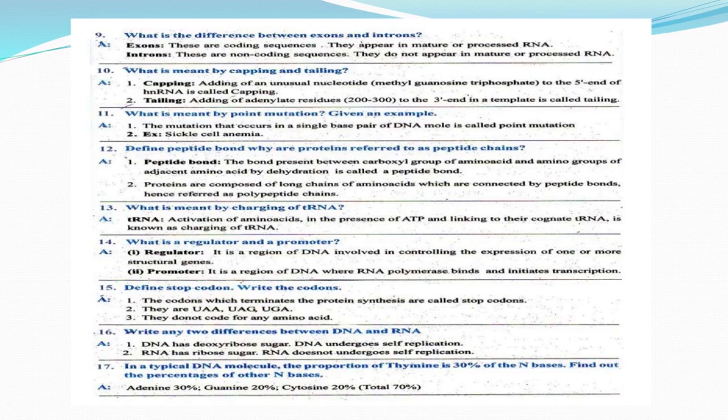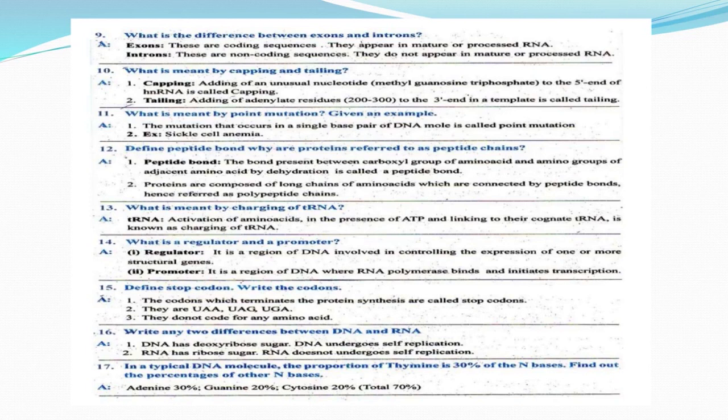Definition of peptide bond: the bond present between the carboxyl group of an amino acid and the amino group of an adjacent amino acid, formed by dehydration, is called a peptide bond.